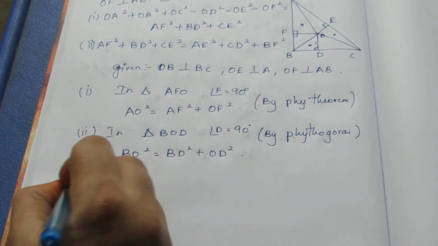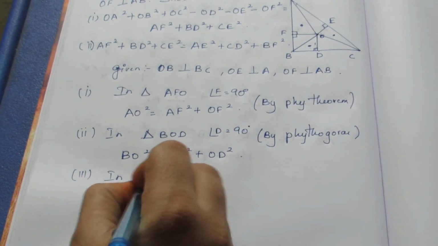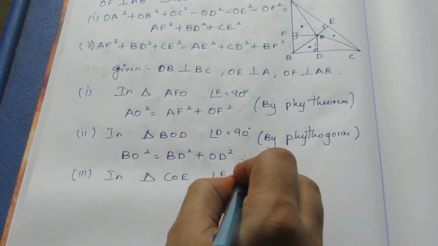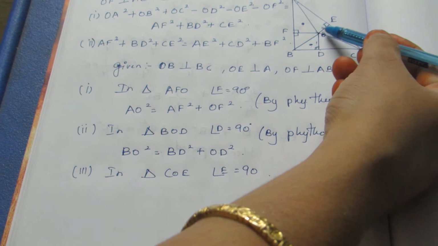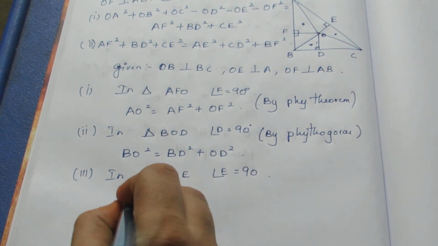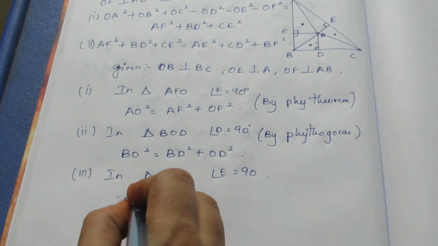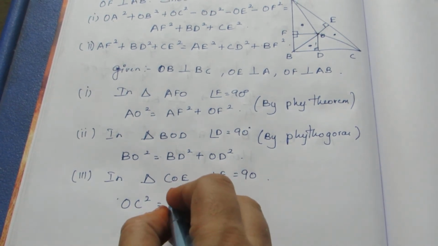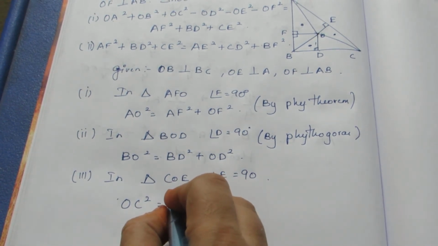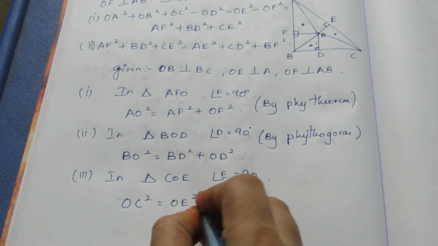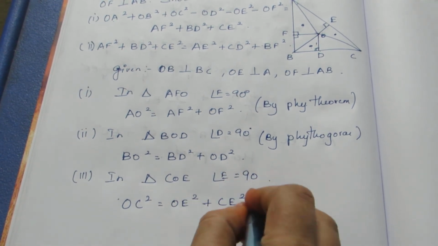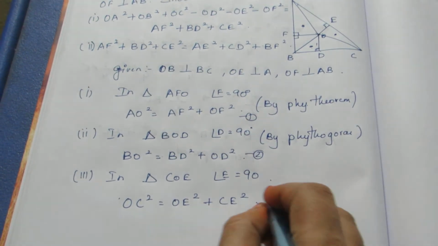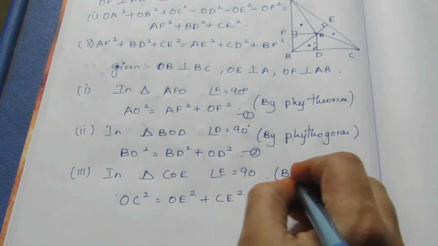Now in the third one, in triangle COE, angle E equal to 90 degrees. So this is 90 degrees means your hypotenuse will be CO square, equal to OE square plus CE square. Now let me take these to be 1, 2 and 3 by Pythagoras.